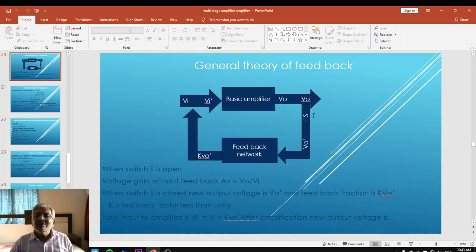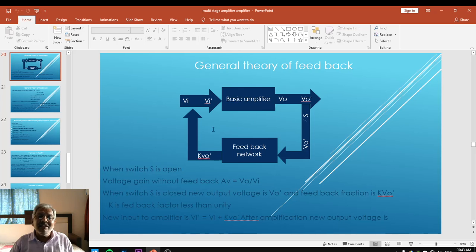Friends, when switch S is open, no feedback voltage is provided to the feedback network, and that's why no feedback signal is given back to the input. This means the amplifier works as an amplifier without feedback. Let Vi be the input voltage at that time, and Vo the output voltage after amplification without feedback.